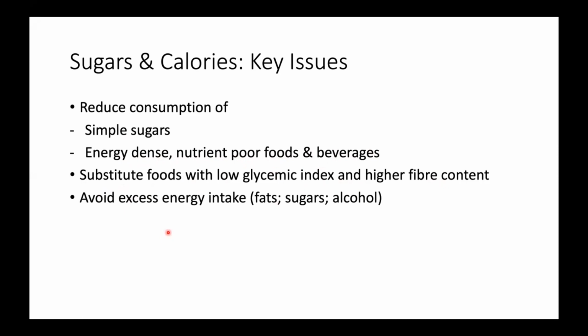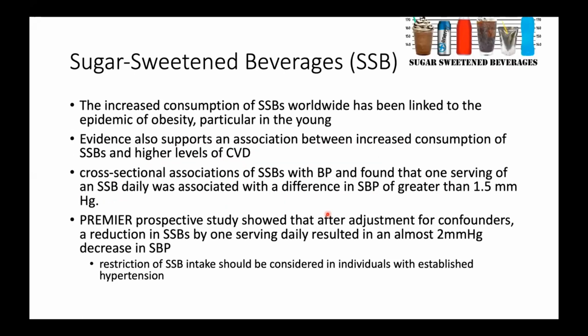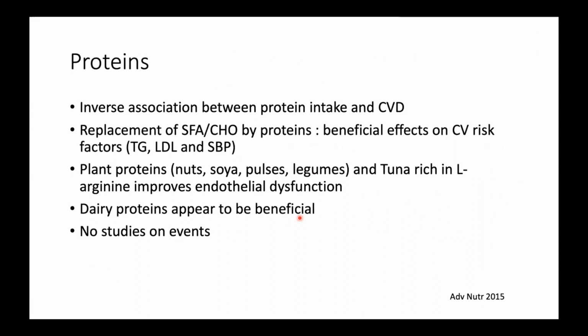And we should be avoiding excess energy intake, whatever the means it is, fat, sugars, or alcohol. And SSBs are directly related to increasing blood pressure. One drink per day leads to a 1.5 millimeter of mercury increase in the systolic blood pressure, and curtailing these sugar sweetened beverages can lead to a reduction in blood pressure. So they are directly related to increased incidence of cardiovascular mortality or morbidity.